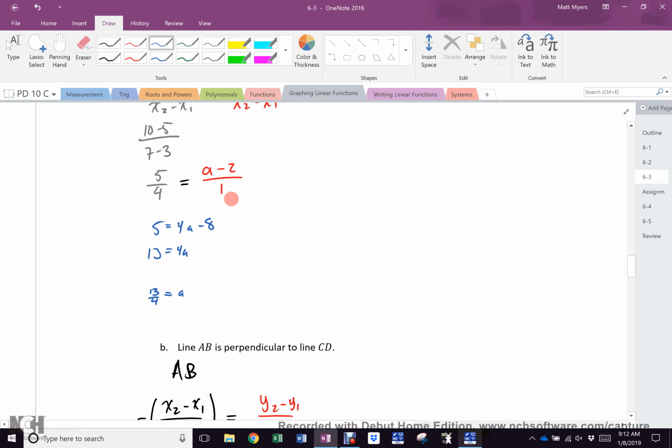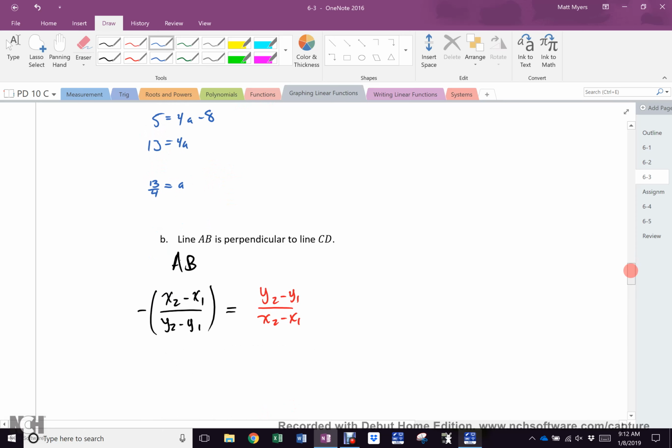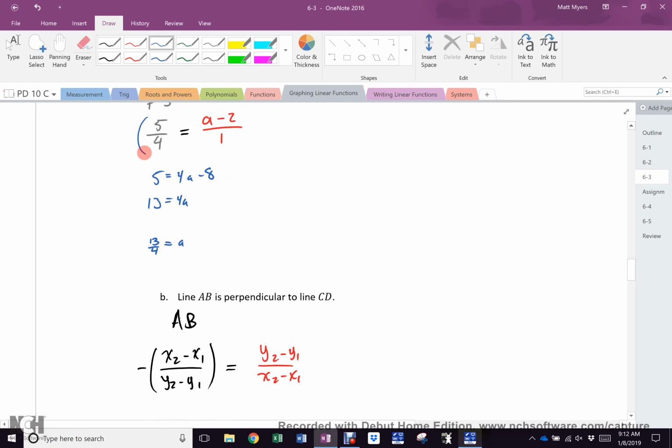Everybody good? Now, since I already know this guy, and I know I want them to be perpendicular, I could just flip this guy now and make him -4/5 and keep this the same, couldn't I? So this would still be a minus 2/1.